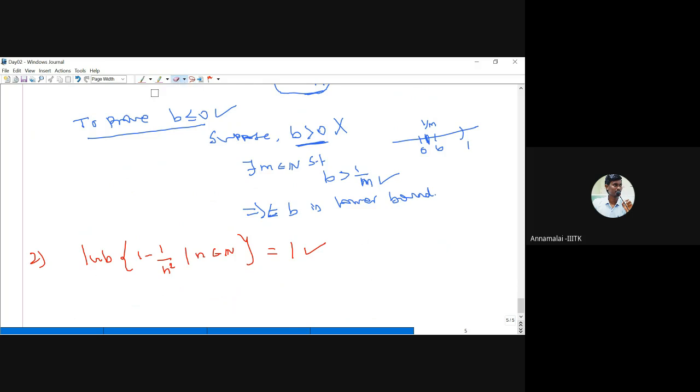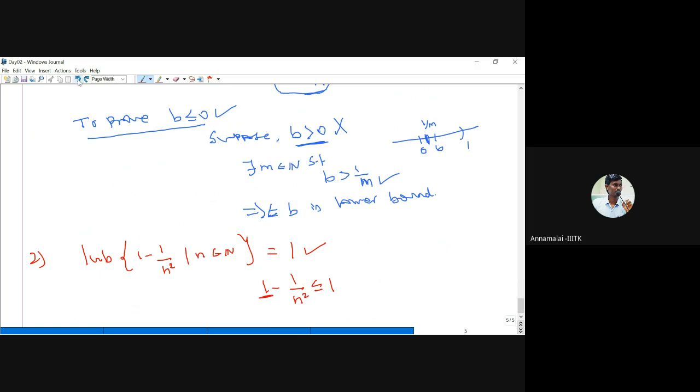So how to prove 1 is an upper bound? Now this 1 minus 1 by n square is always less than or equal to 1. Why? Because 1 is a positive number, and we are subtracting a positive quantity, namely 1 by n square, from 1. Therefore the result should be less than 1.